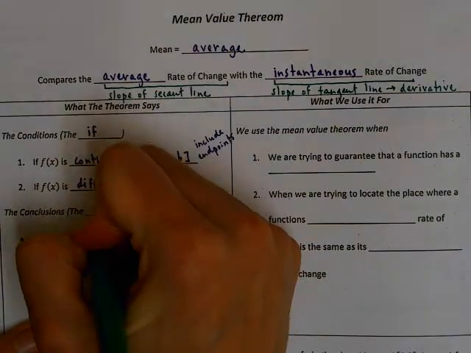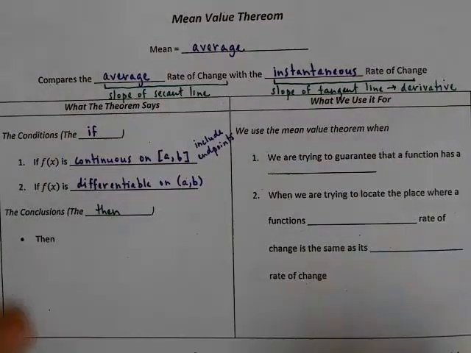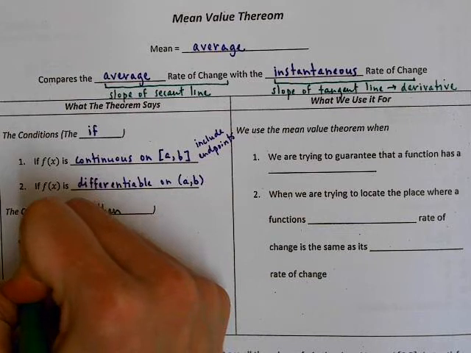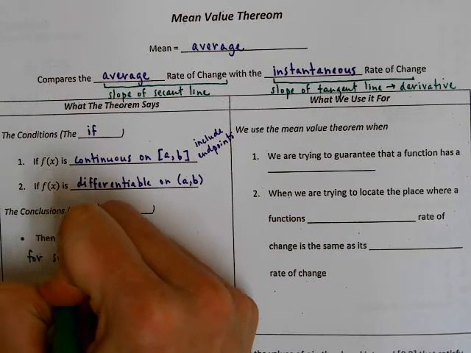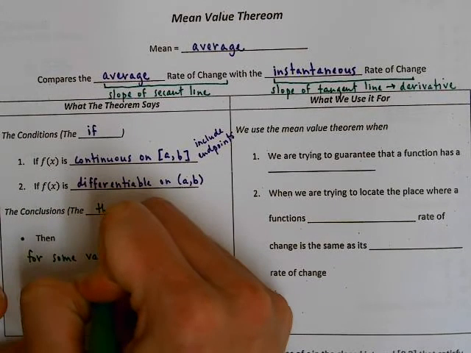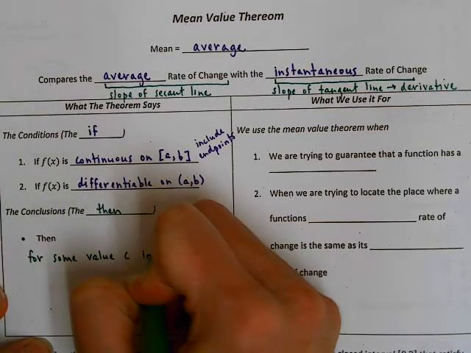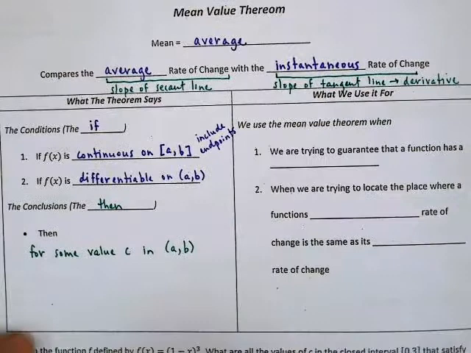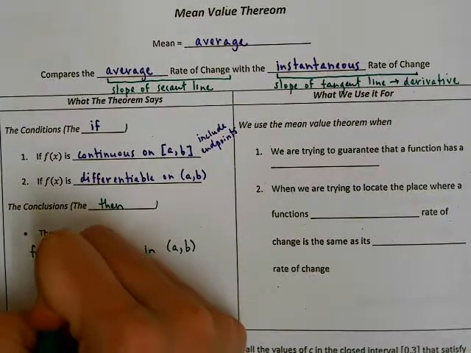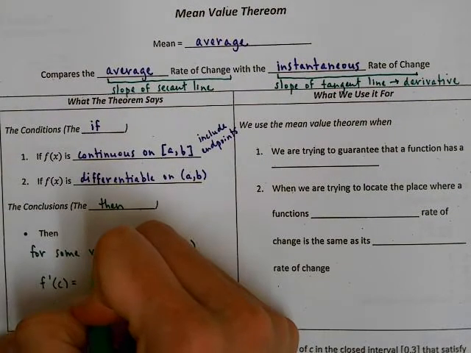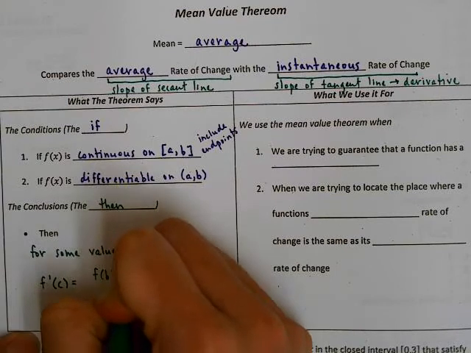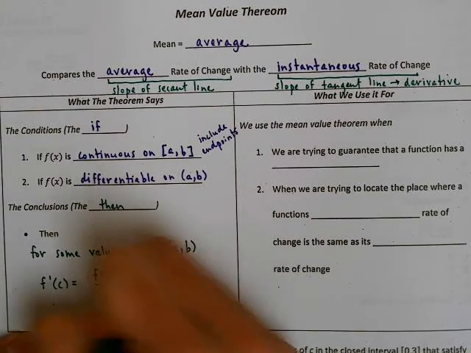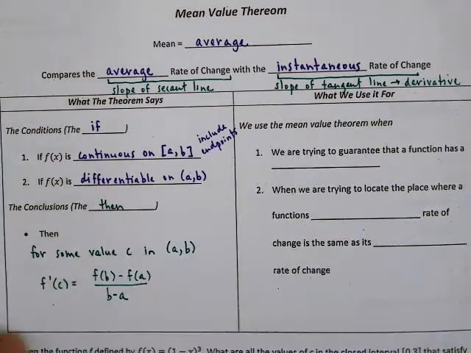The conclusion, or the then, is that for some value c in the interval from a to b, f prime of c is equal to f of b minus f of a over b minus a.